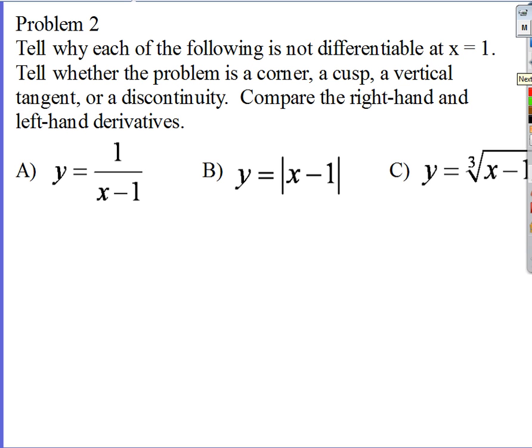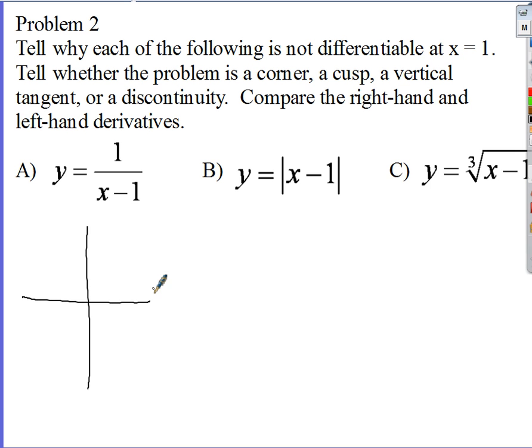Okay, problem 2. Tell why each of the following is not differentiable at x equals 1. Tell if it's a corner, a cusp, a vertical tangent, or a discontinuity. Part A, y equals 1 over x minus 1. I hope you remember from the first unit that this is one of those inverse functions.